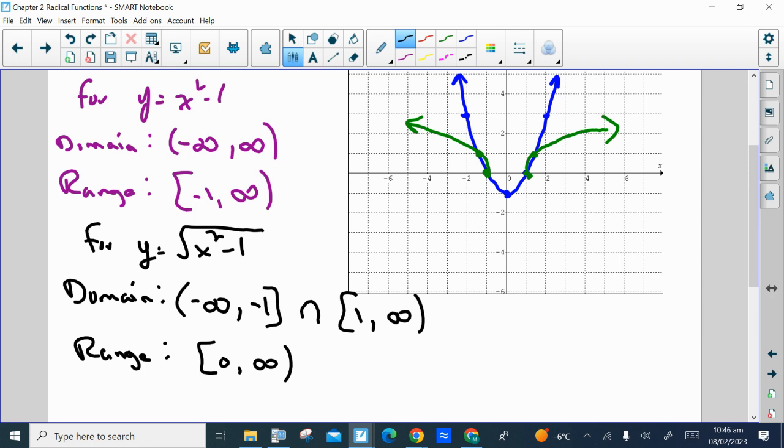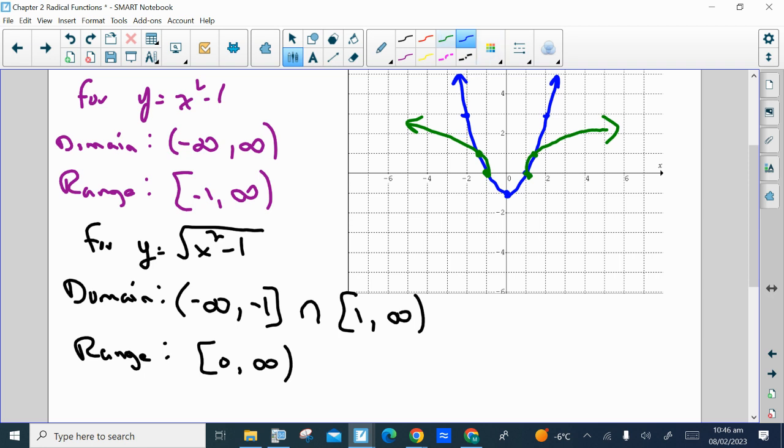So we found out that the points -1, 0 and 1, 0 were the x-intercepts of the original graph. We didn't assume that, we found that by transformations. But we can algebraically determine where those invariant points are by solving x squared minus 1 equals 1 and x squared minus 1 equals 0.